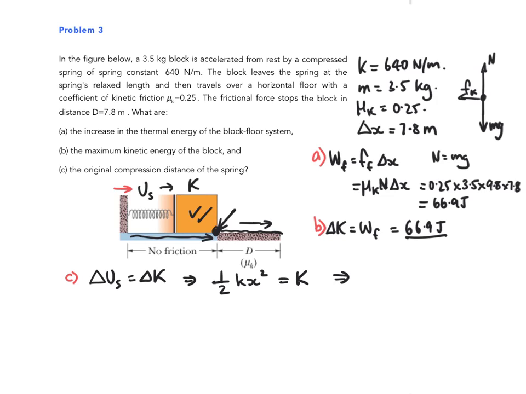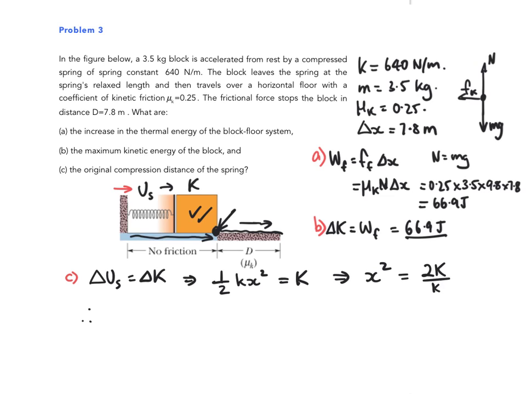So therefore, x squared equals, we can just rearrange that to 2 big K over little k. Okay, so if we want to get rid of our squared term, we have to do the square root on both sides.